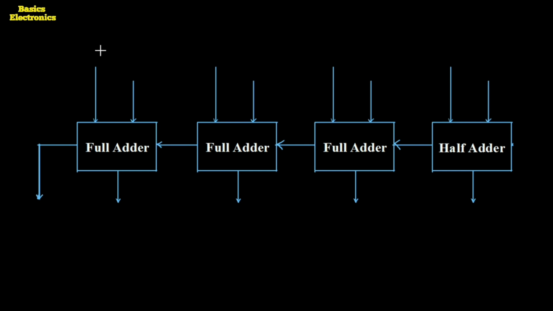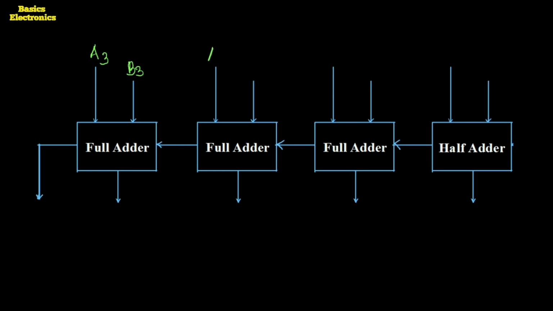Here we have the A number. Here I am going to apply the A number bit, and it is the A3 MSB. Along with the A3 we have to add the next one, and that is the B3.